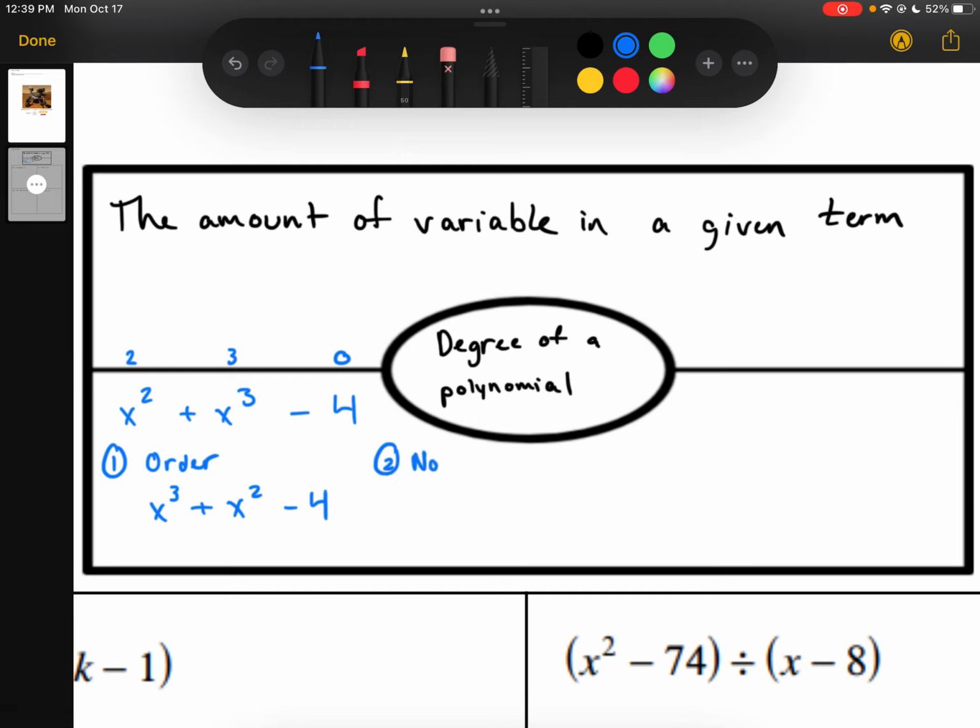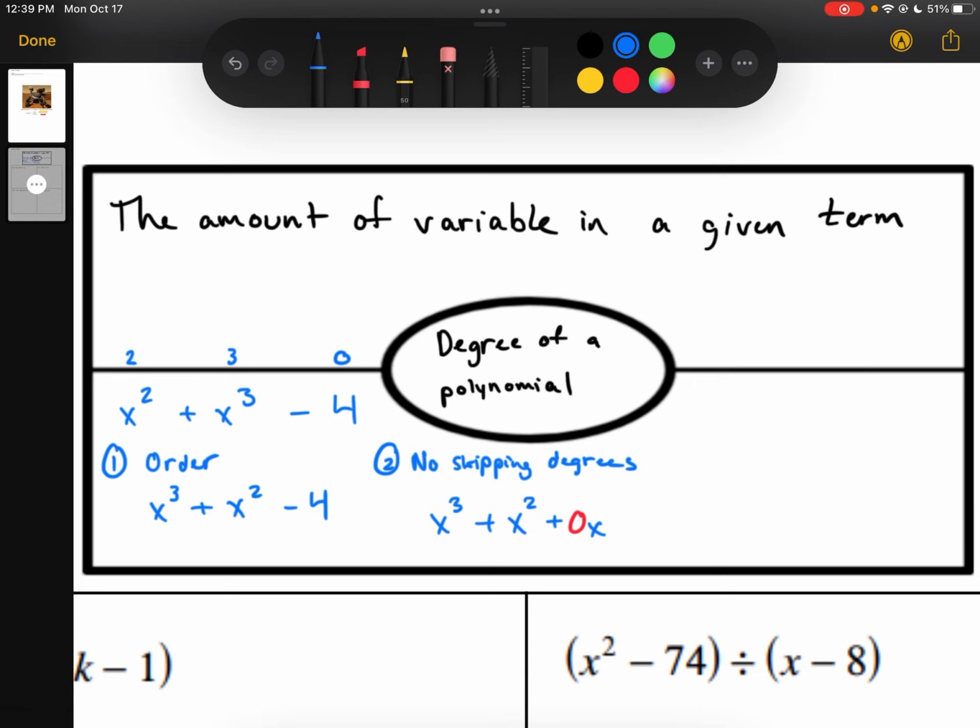But the second thing for synthetic division is no skipping. So what we'll see here is we start off with x to the third, which is a third degree, go to x to the second, which is a second degree, and we don't have a term for our first degree, just our x. Because we don't have that term, that's where we put in our 0.